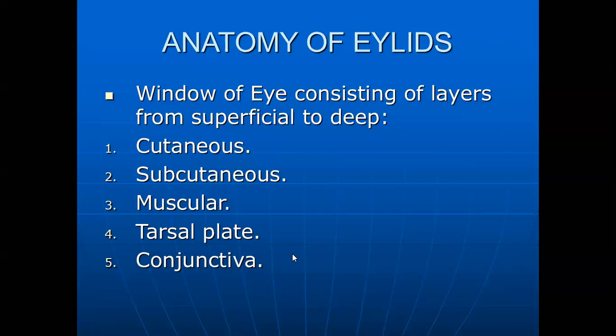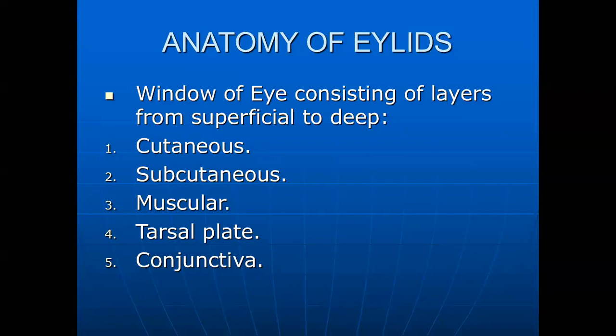So the protective function of eyelids is dominating, and it prevents any hazardous objects from reaching the eyeball. I hope you all know the normal anatomy of the eyelids that you have been taught in the third year.